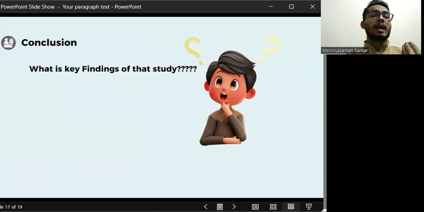So now, what are the key findings of that study? As we already described, there are several problems in traditional approaches like distributed DevOps and blockchain.